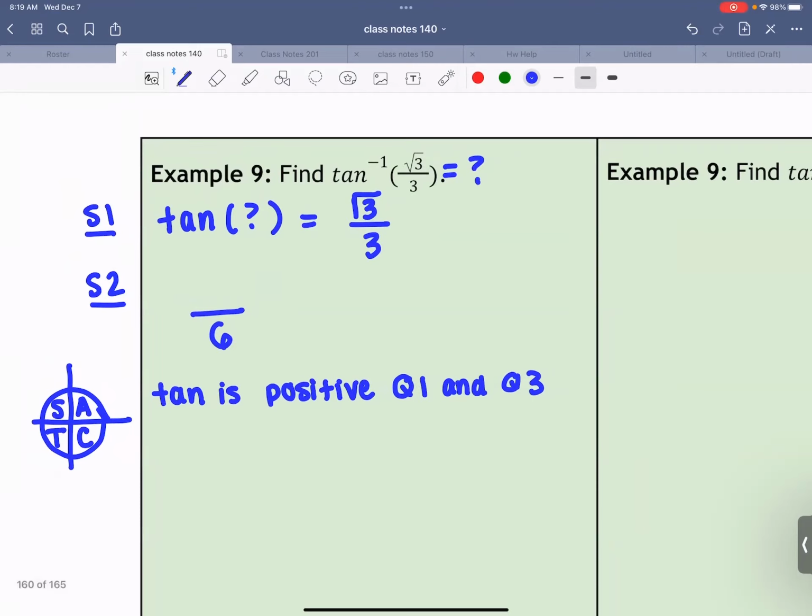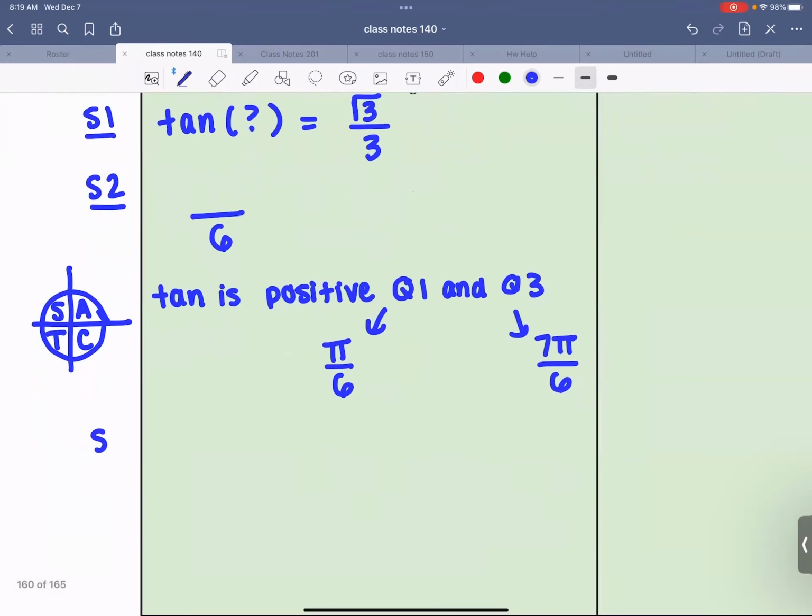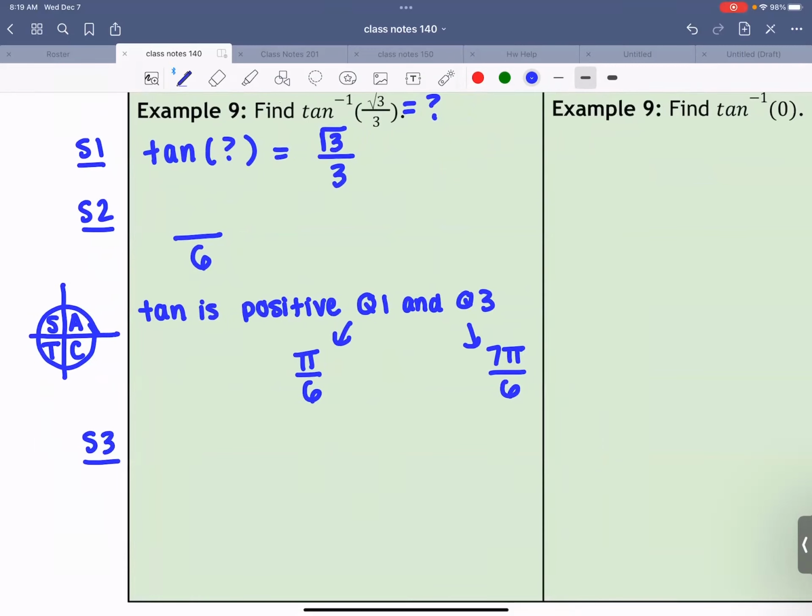This is still in step number 2. In quadrant 1, what's the angle over 6? Pi over 6. And then in quadrant 3, what's the angle over 6? 7 pi over 6, right? If you don't want to write this out, that's fine, but I like to do this. Now, let's go to step 3.